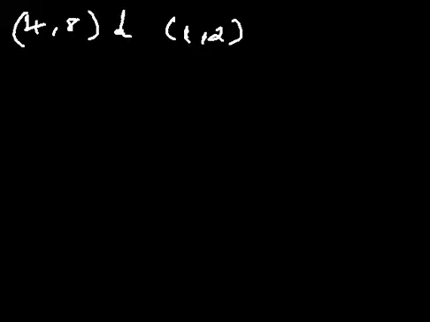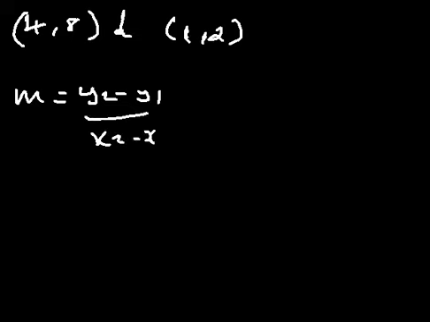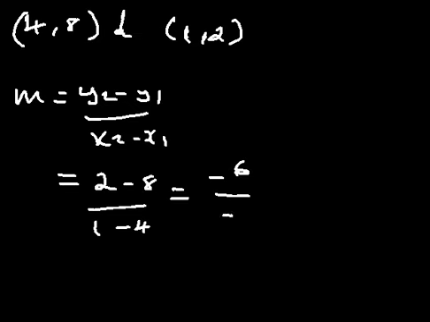First, you have to find the gradient, which is (y2 - y1) over (x2 - x1). In this case, we have (2 - 8) divided by (1 - 4). That will be -6 divided by -3, which is positive 2. Now we have the gradient.